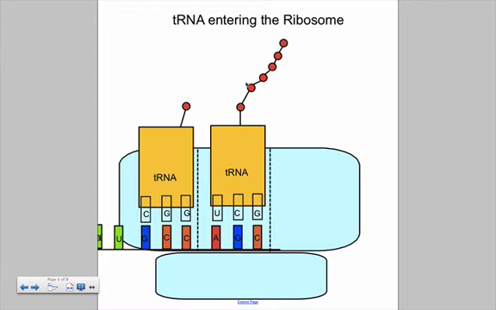So this is a very specific tRNA, and what it's doing is it is matching up with this codon, as you can see. This G matches up with that C, this G matches up with that C, and this C matches up with that G. So every tRNA is a little bit different. This tRNA has a specific amino acid there.